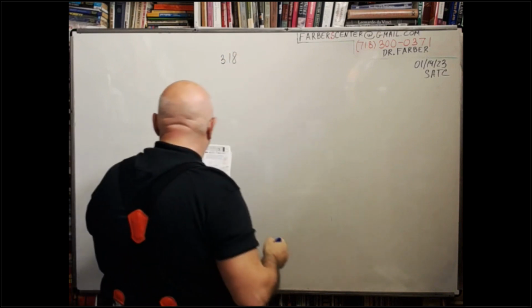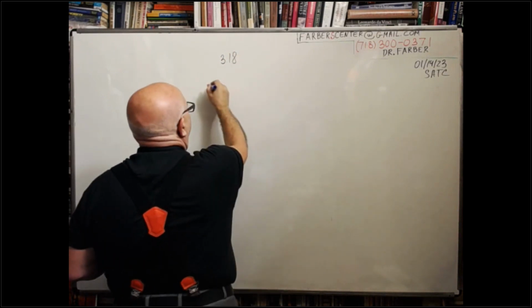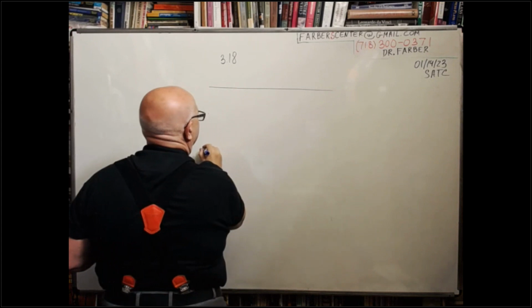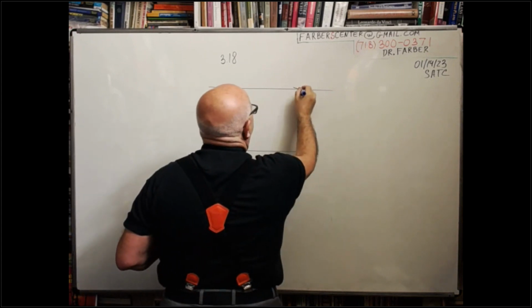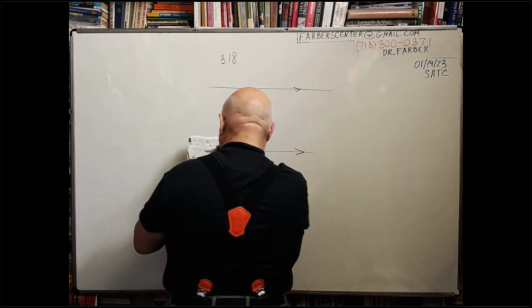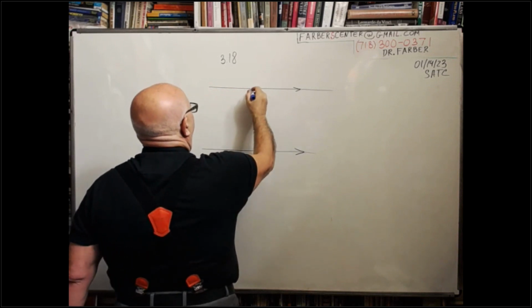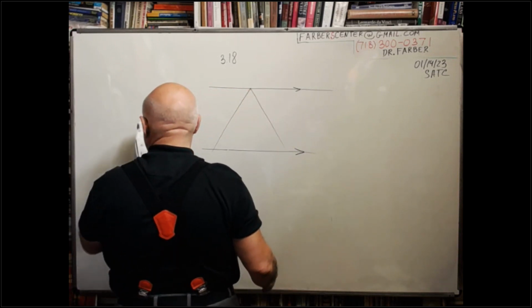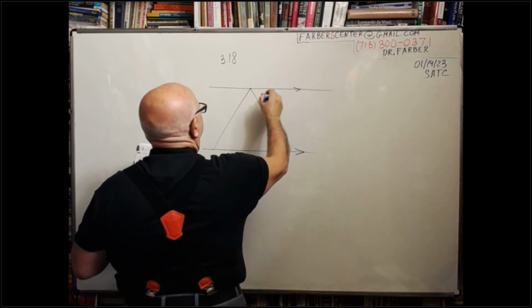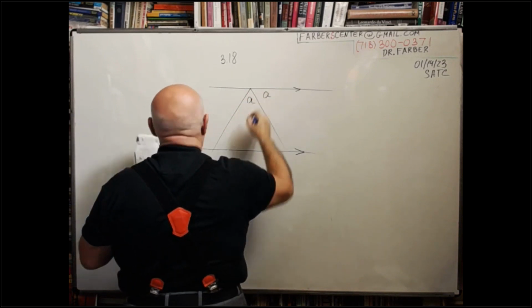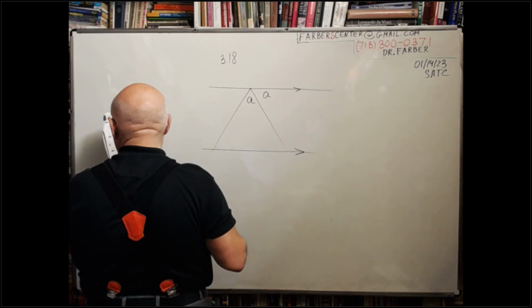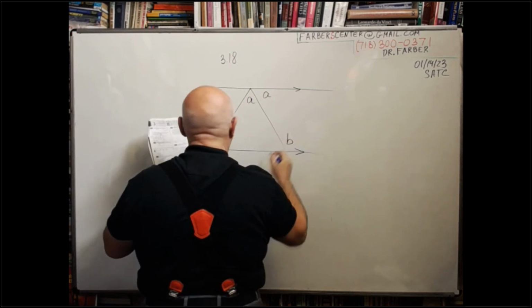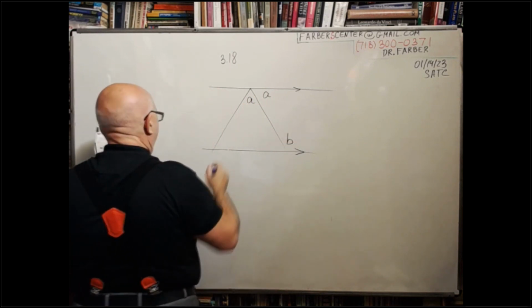So first of all, make a picture. You have two parallel lines, and we denote that they are parallel like this. And we have a kind of triangle. And this is a and a. What else is given? This is b. And this is 80.